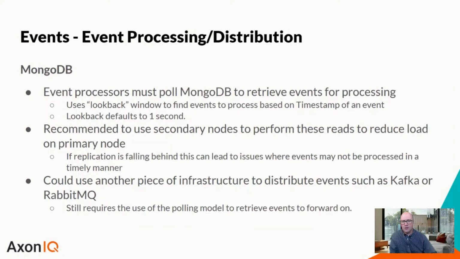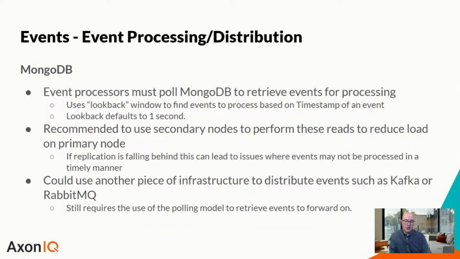If you are sending tons of events to MongoDB, the primary and the secondaries are going to be spending a lot of time trying to replicate these events with one another. And if one of the secondaries were to fall behind, you're not going to see those events as quickly as you would in the push scenario that Axon Server uses. So scaling up is a constant need, as you would have either bursts of activity that can impact replication, or just in general, the amount of data you have to replicate over time continues to grow.